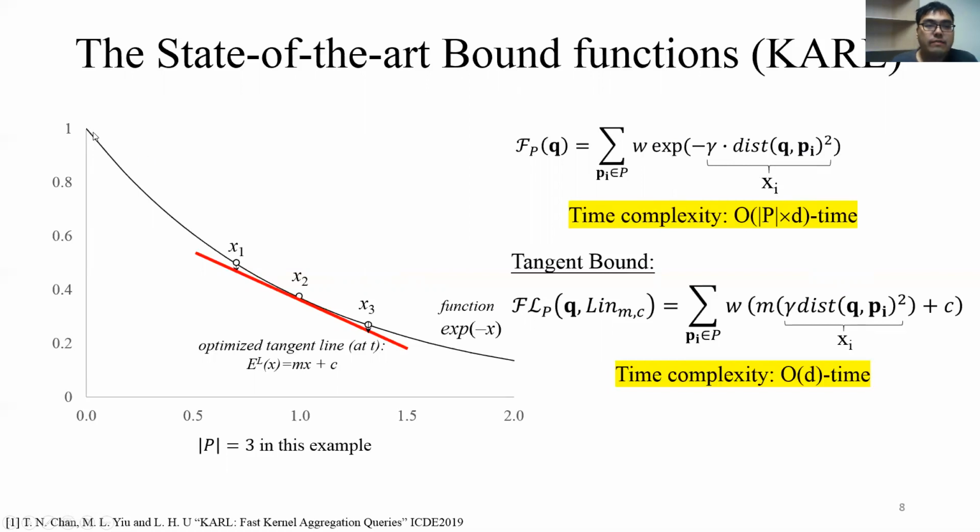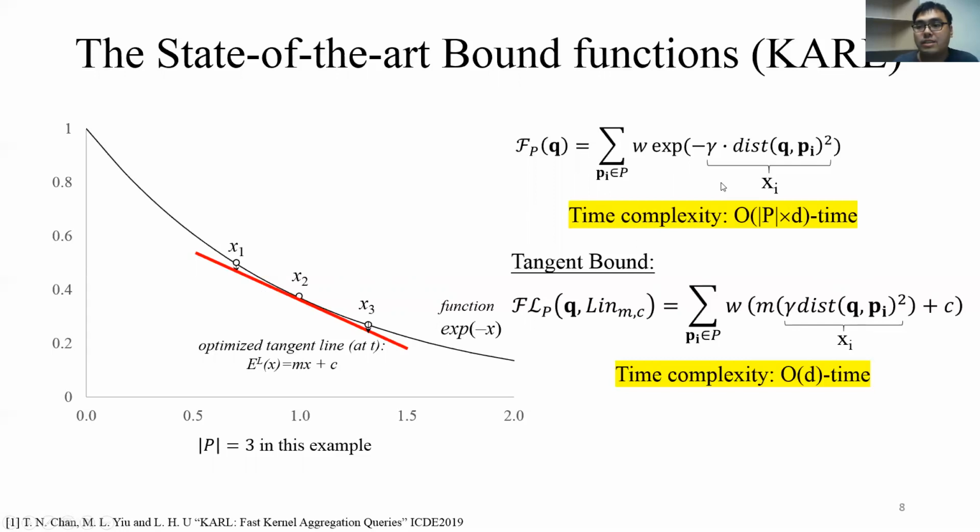You can see that we plot this function. Then you can use this example, with the size of P equal to 3, which means the data set has only 3 points as an example. And now you use a linear line to approximate, or to act as, the lower bound of this exponential function.